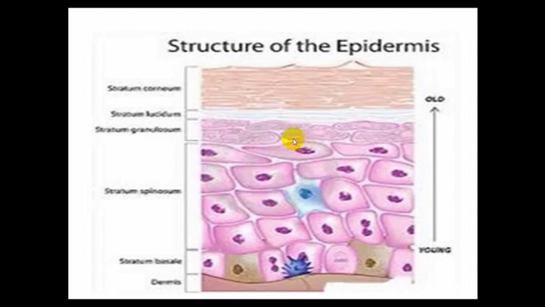And these granules also release their contents by exocytosis into the extracellular spaces, forming sheets of lipid-rich substances that act as a waterproof barrier. This waterproofing is very important for keeping moisture in, continuously moisturizing the surface of the skin.